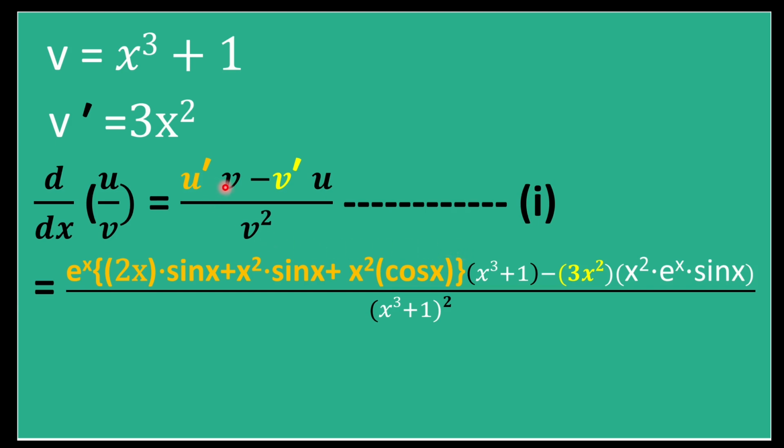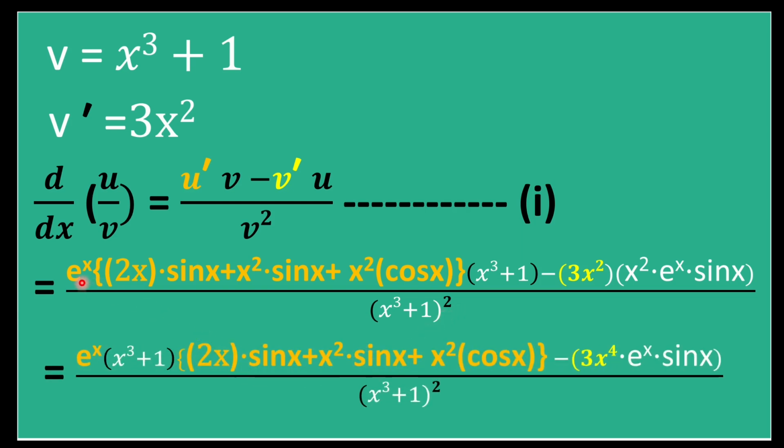Then v equals x cubed plus 1, and then v prime is 3x squared over here, and then u, which is x squared e^x sin x. And here v squared, so we have v equal to x cubed plus 1, squared.